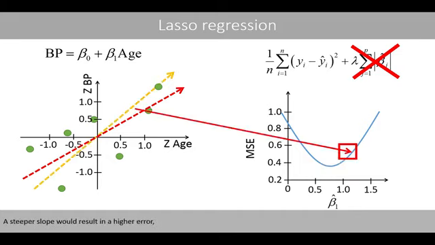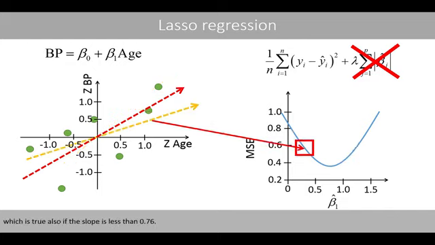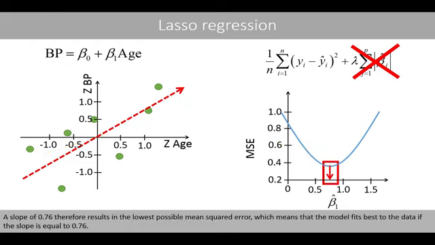A steeper slope would result in a higher error, which is true also if the slope is less than 0.76. A slope of 0.76 therefore results in the lowest possible mean squared error, which means that the model fits best to the data if the slope is equal to 0.76.